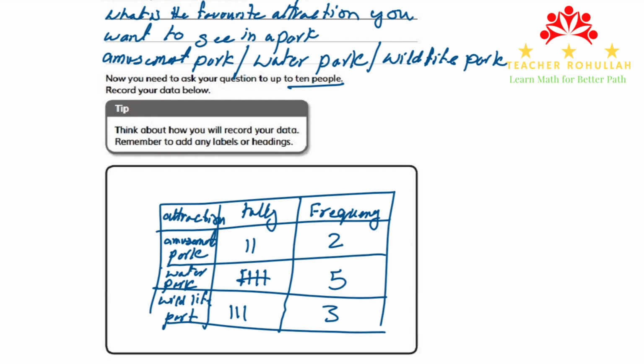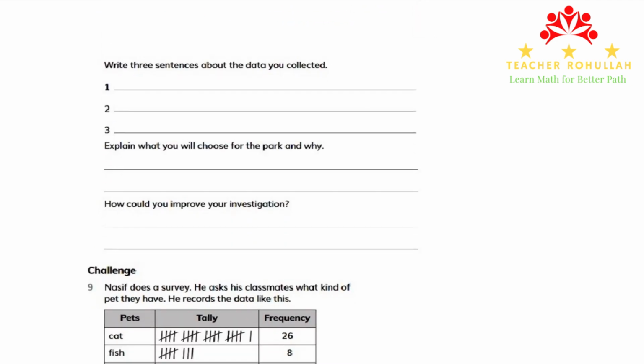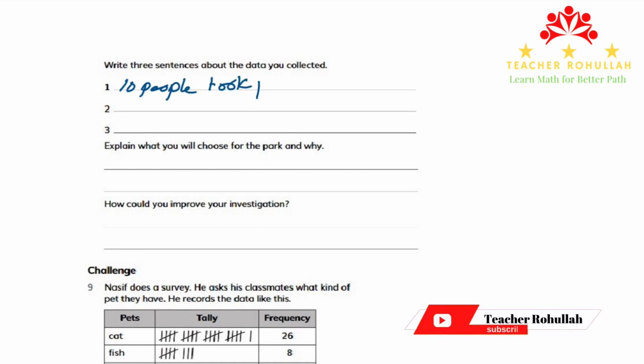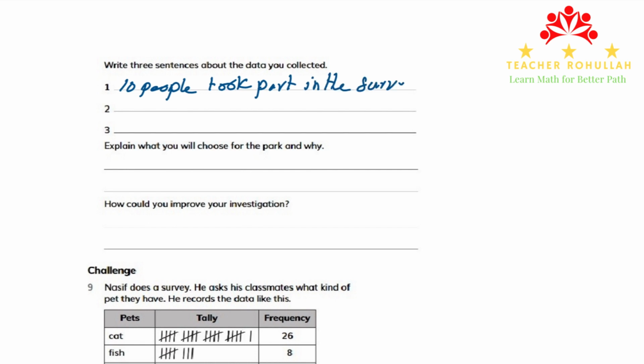Now let's scroll down to see what other questions we have. Here it says, write 3 sentences about the data you collected. The first thing that I say is 10 people took part in the survey. I will say majority of the people chose water park.